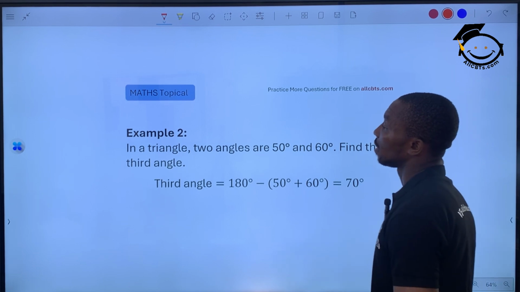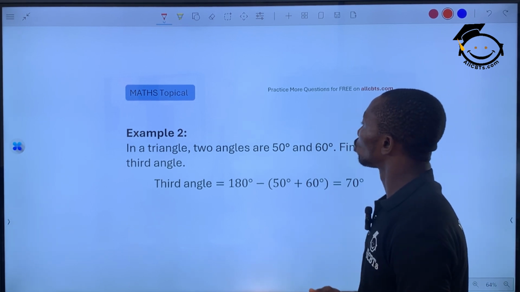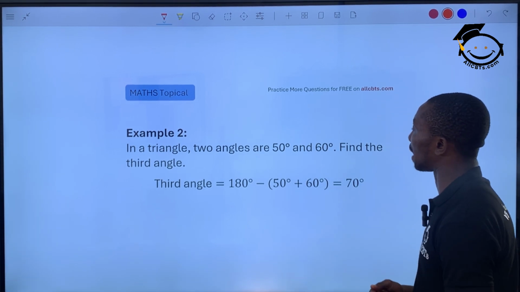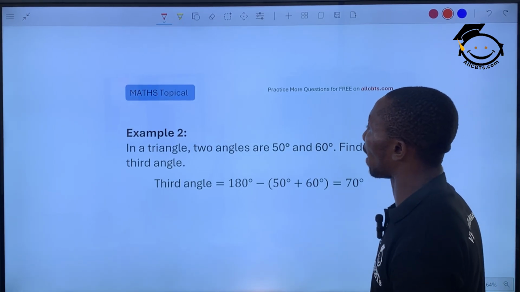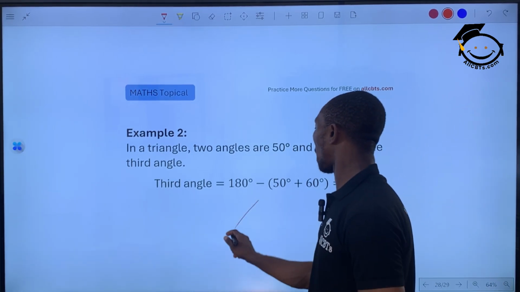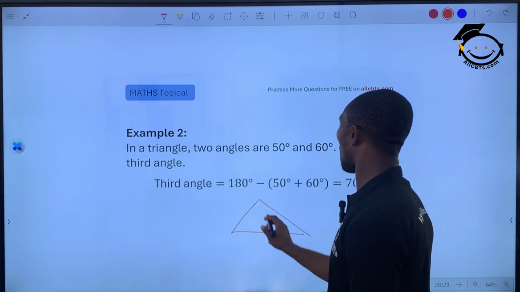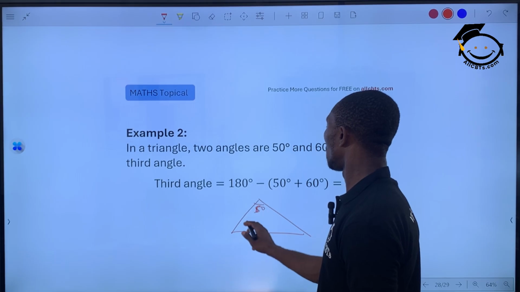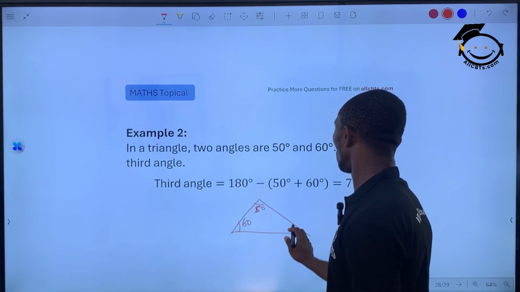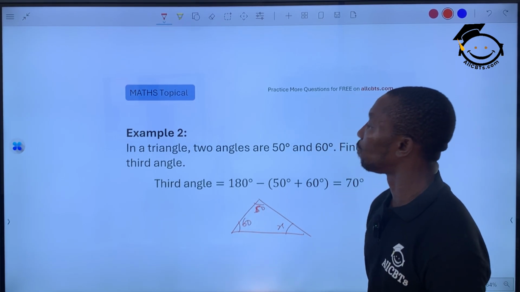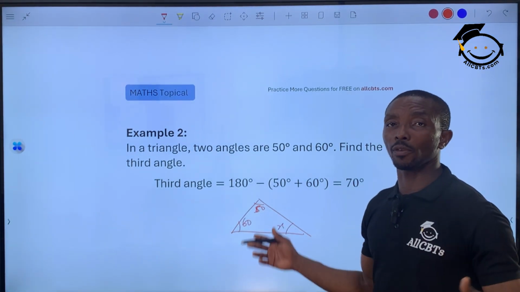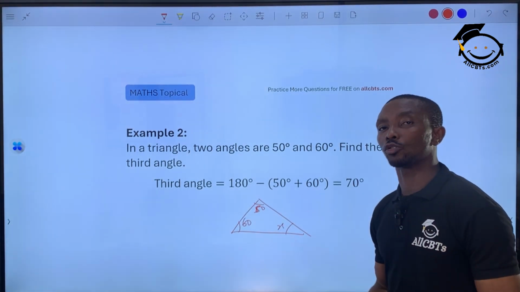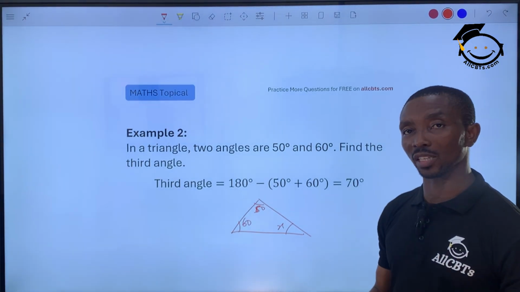Example 2 says, in a triangle, two angles are 50 and 60 degrees. Find the third angle. So if we have our triangle with 50 degrees and 60 degrees, we are looking for x. Earlier we learned that the sum of the interior angles of a triangle is 180 degrees.